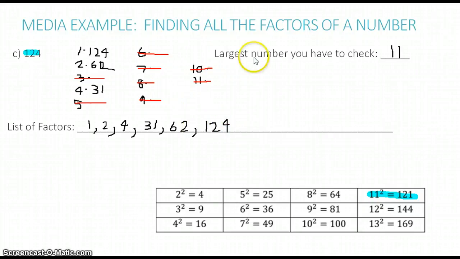Okay, so that was a lot of numbers to check, but just think how much more it could have been if we checked 1 all the way up to 124. So our perfect square rule really helps narrow down the possibilities, and we get that there are 6 factors of 124, and there they are.